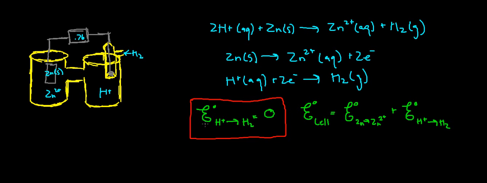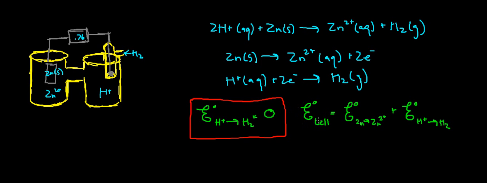It's not like a 100-meter dash or something like that. There's a starting line and a finish line. Here, there's no starting or finish line. There's just different levels of some place. So by assigning hydrogen 0, we can now solve for all the remaining electrical potentials.